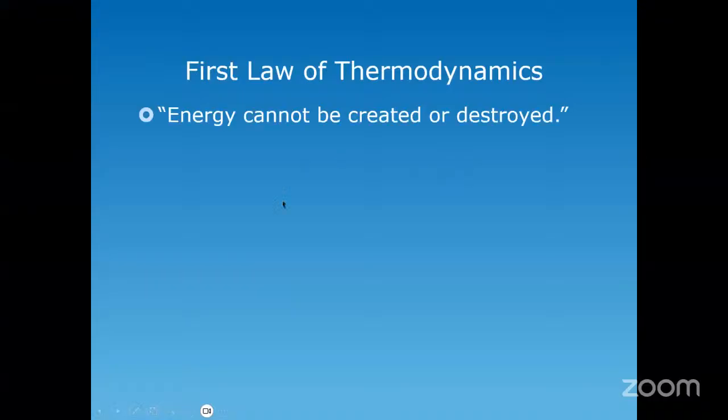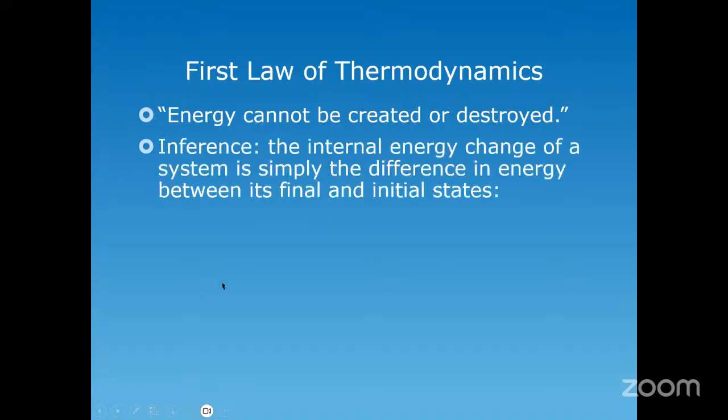Or even more succinctly, it can be expressed this way: energy cannot be created or destroyed. The inference you can derive from that statement is that the internal energy change of a system is simply the difference between the initial and final states. So the change in internal energy is equal to the final internal energy value minus the initial internal energy value.